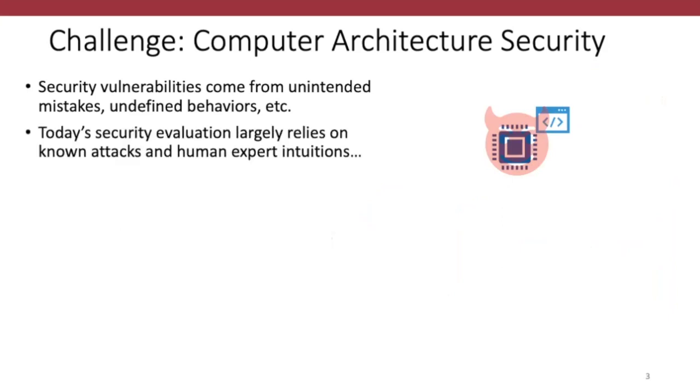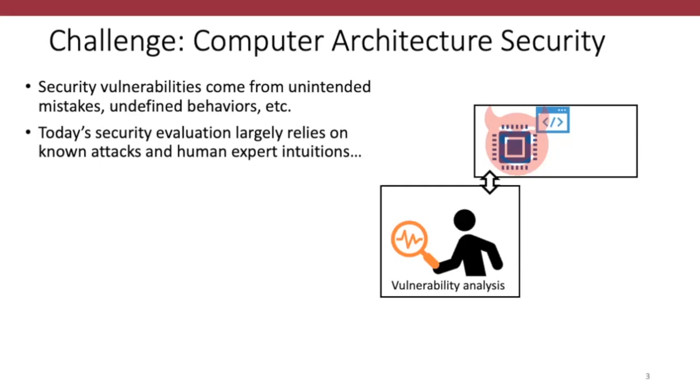And today, when we evaluate the security of a system, the methodology relies heavily on human expertise. So we have a security expert, people who mostly work on security, to examine the design and see whether there are vulnerabilities. And this evaluation is mainly based on the known attacks and the intuition of the human expert.